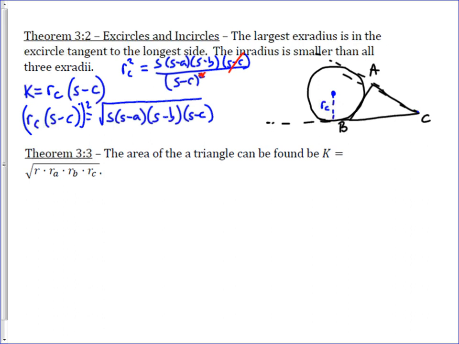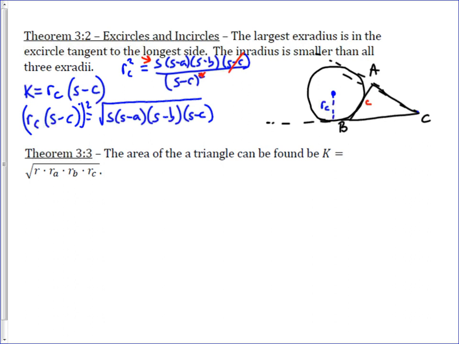Well, if C is this length right here, the larger C is, for instance if C was the largest side, then S minus C would be very small. If you imagine this, the semiperimeter is always going to be the same, and then you have S minus A, S minus B, and S minus C, and the smallest one is S minus C if C was the longest side.